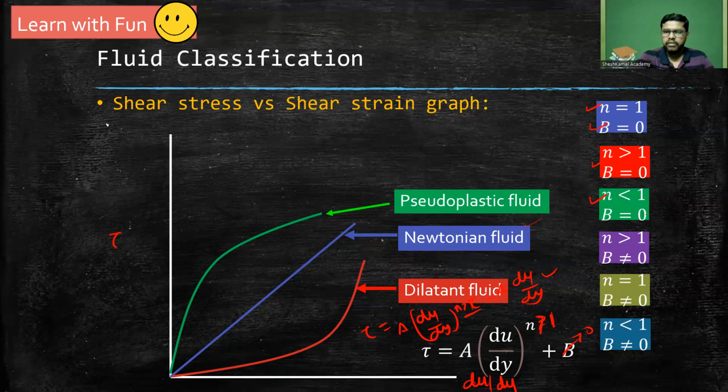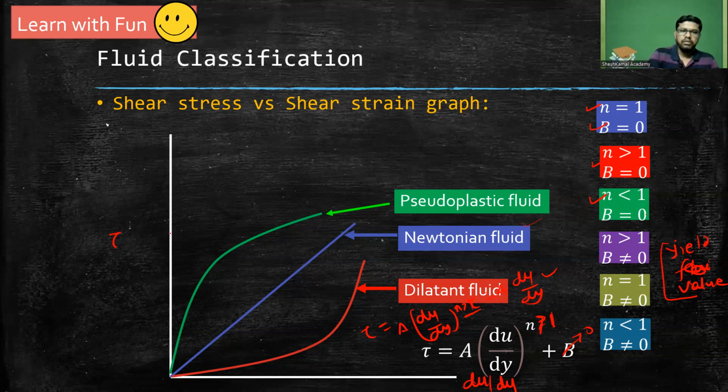Now next, the value of n is greater than 1, and now the b value is not equal to 0. The b value not equal to 0 means the fluid has some yield value. The yield value is nothing but the initial stress, and to cause the flow of fluid, the value of shear stress must be equal to the yield value.